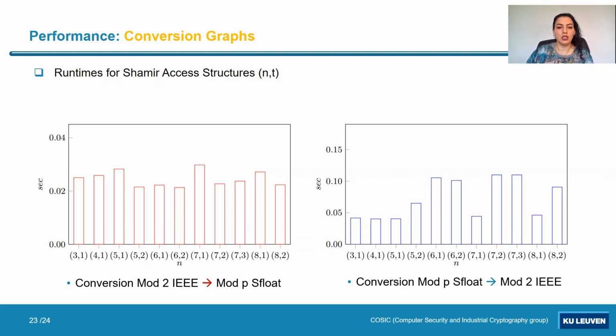So when we want to add or multiply floating points together, we can use this compiler and do our computation faster in mod P words. And here is the vice versa, I mean, converting from mod P to mod 2 word.